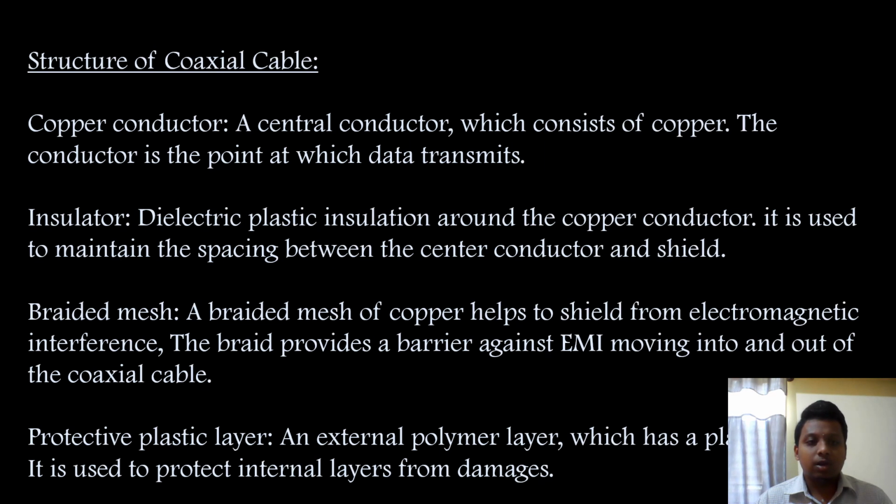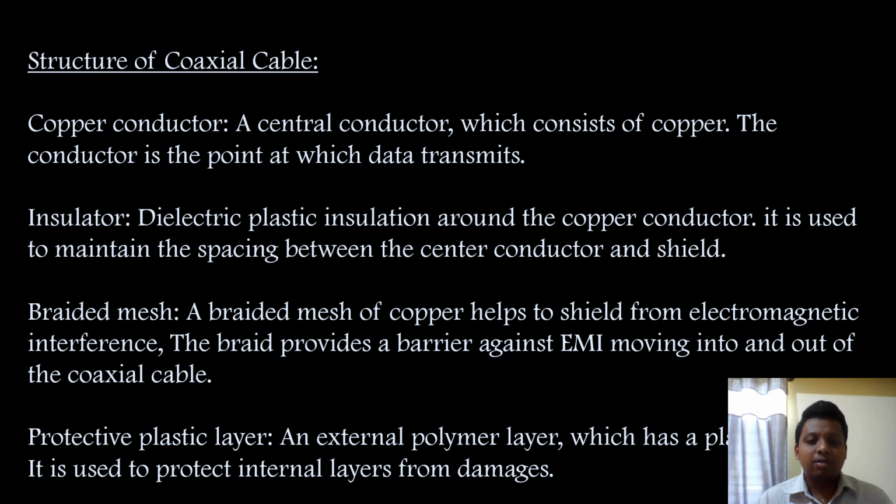Now let us look into the structure of coaxial cable. Copper conductor: the central conductor, which consists of copper. The conductor is the point at which the data is transmitted. The insulator: a dielectric plastic insulator around the copper conductor. It is used to maintain space between the central conductor and the shield. Bare mesh: a bare mesh of copper helps to shield from electromagnetic interference.